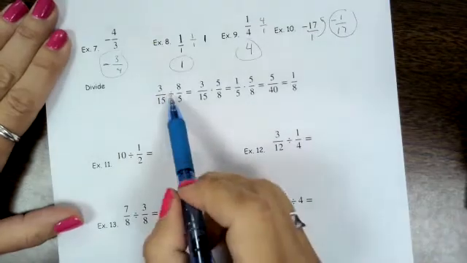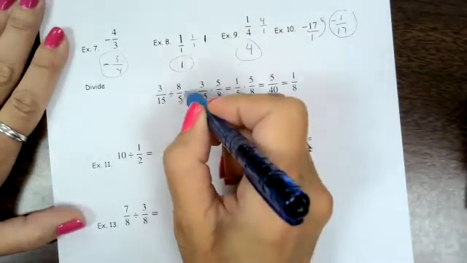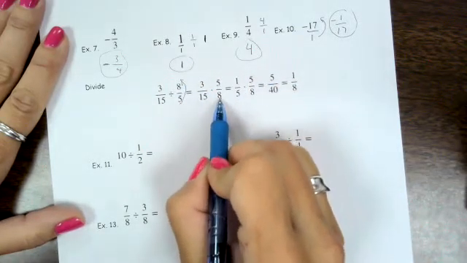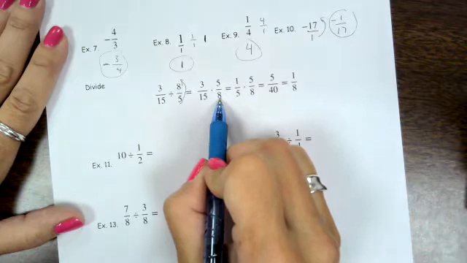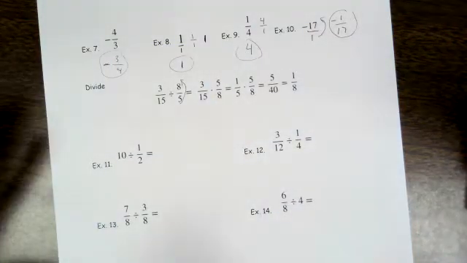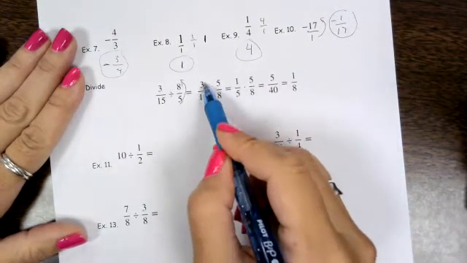So to divide, we keep the first one, we change to multiplication and flip the second one. Keep, change, flip. Here, now that I change this to multiplication, you can simplify this fraction.